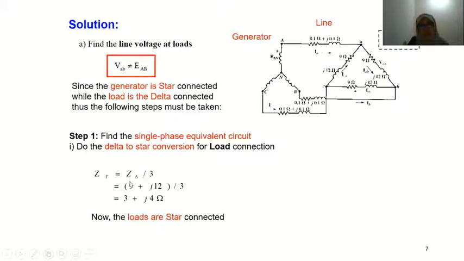Z delta is 9 plus j12, divided by 3. So in star connection, because they are in balanced load condition, ZY is 3 plus j4. Now remember that your loads are in star connection.